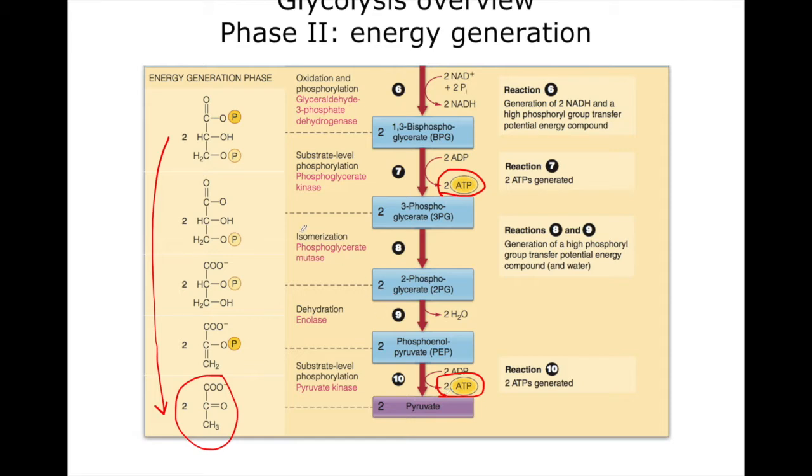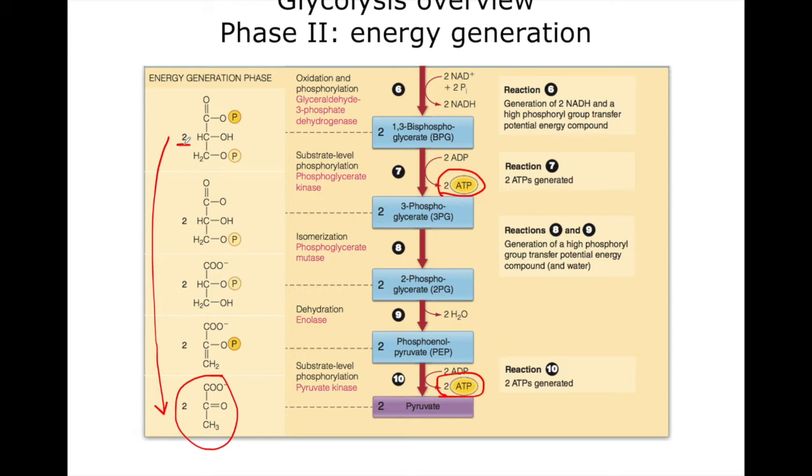It's important to remember one thing when we're going through here. We're going to be looking at the conversion of, say, glyceraldehyde 3-phosphate into 1,3-bisphosphoglycerate. That step we're going to show at once, but it's occurring twice for every molecule of glucose because, again, we have 2 molecules of glyceraldehyde 3-phosphate.